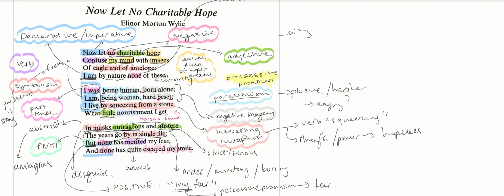So nothing in her life seems to have actually justified whatever her fear is, and "none has quite escaped my smile." So again, we end in these final two lines in a much more positive and hopeful manner.